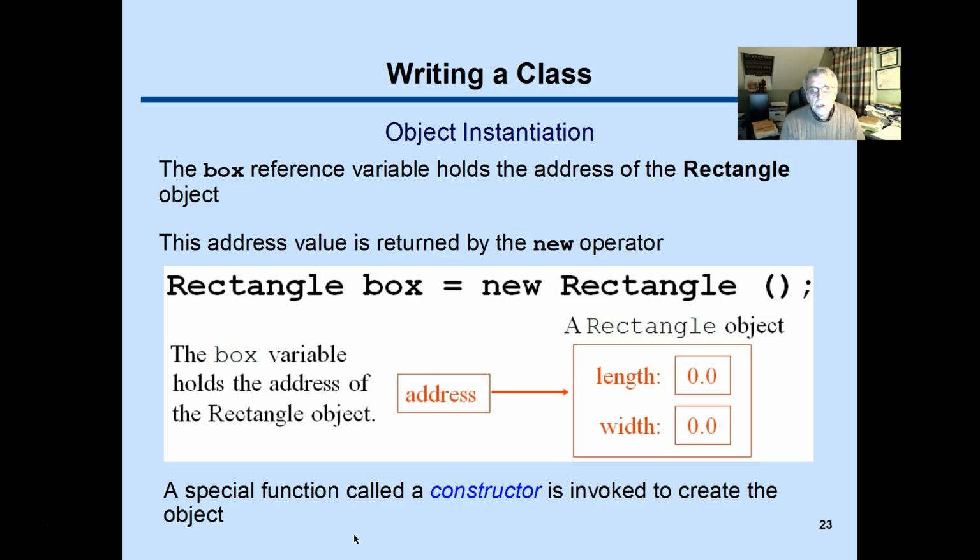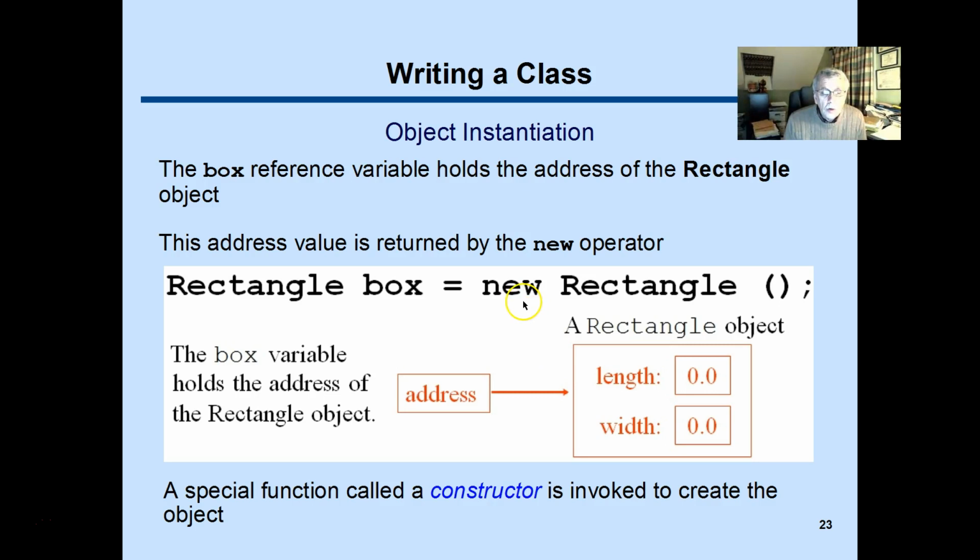Let's continue with our discussion of writing our own class. Okay, we talked about object instantiation previously, and we had shown how the rectangle object was instantiated in our first example, our first pass at creating a rectangle.